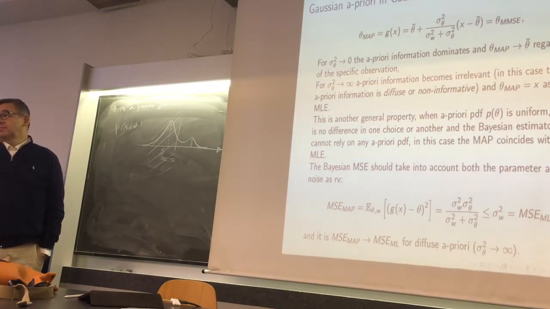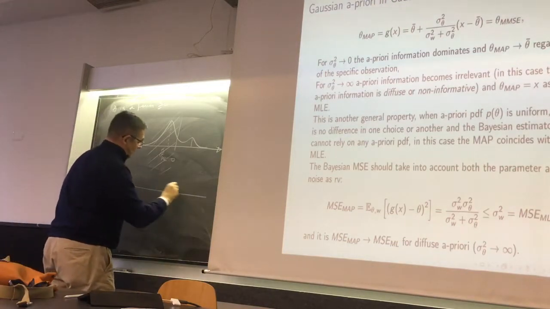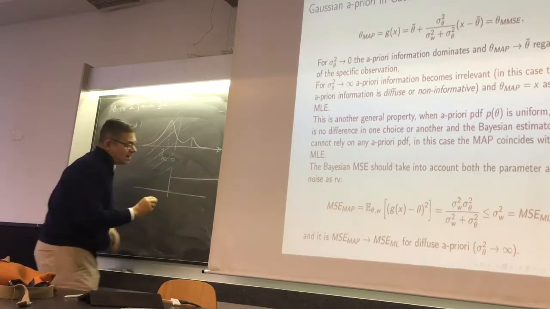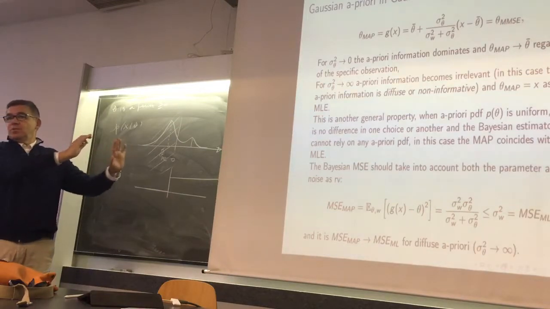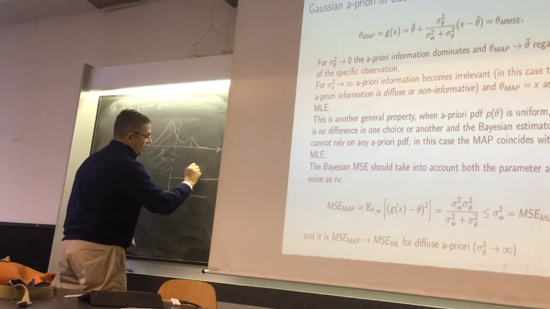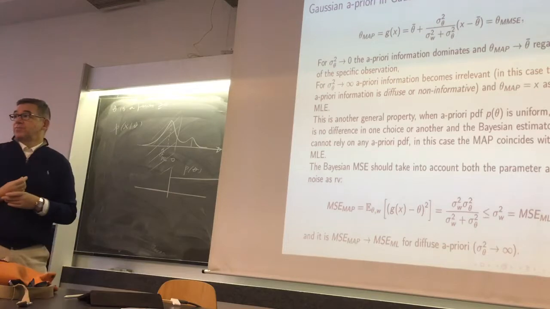What is the process that I'm doing now? I'm using a priori information, which is set to 0. And since I know nothing about what happens with values larger than 0, my a priori information is uniform after 0.